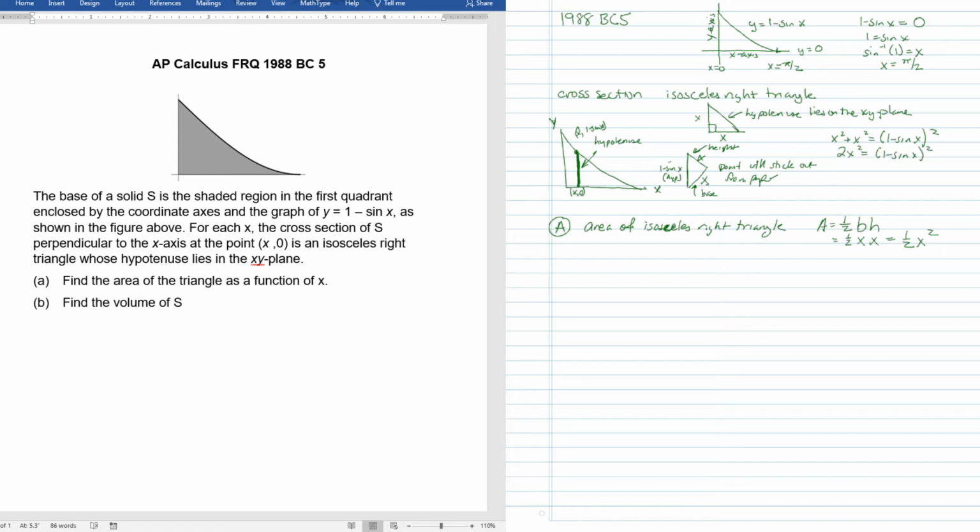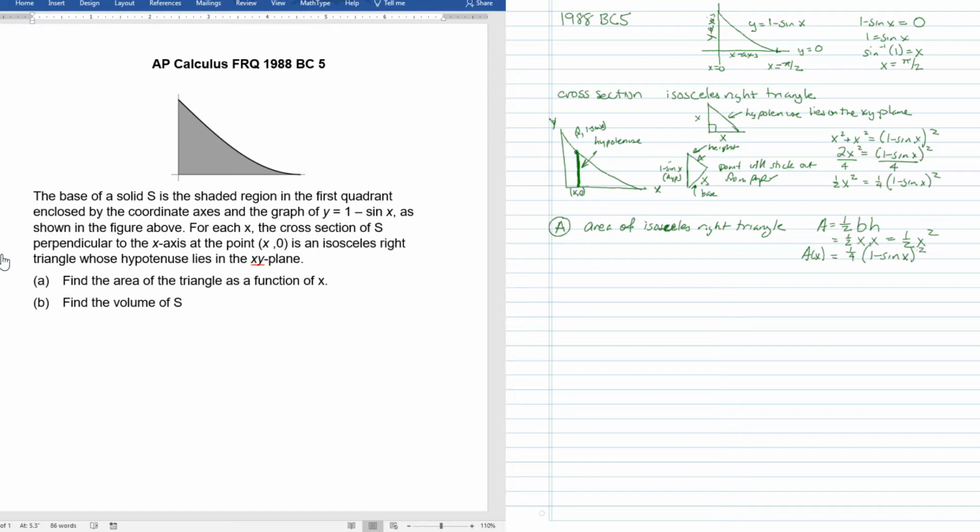I'm looking for something that looks like this, so since this is 2x squared, if I divide both sides by 4, I would have 1/2 x squared equals 1/4 times this quantity, 1 minus sine of x quantity squared. So the area formula, A of x, will be computed by 1/4 times 1 minus sine of x quantity squared.